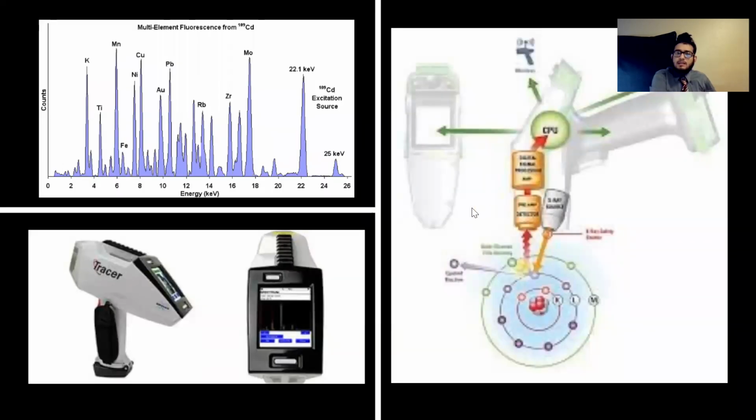Next, to give you an idea of what PXRF is before I tell you what I did with it, PXRF is a handheld device which has the capability of conducting research in a non-destructive method. What PXRF does is it takes element concentration readings from pretty much anything that you choose to scan.